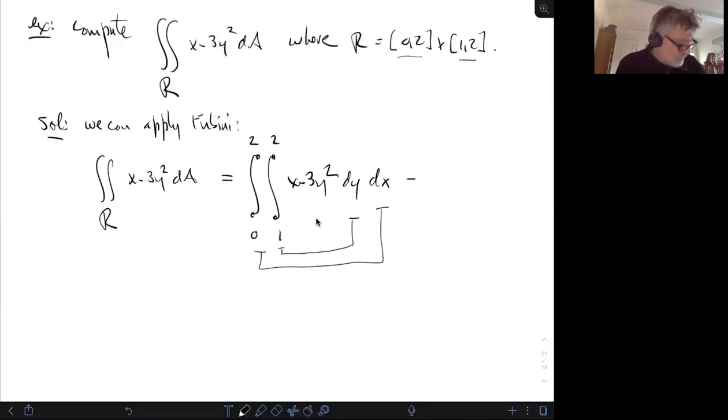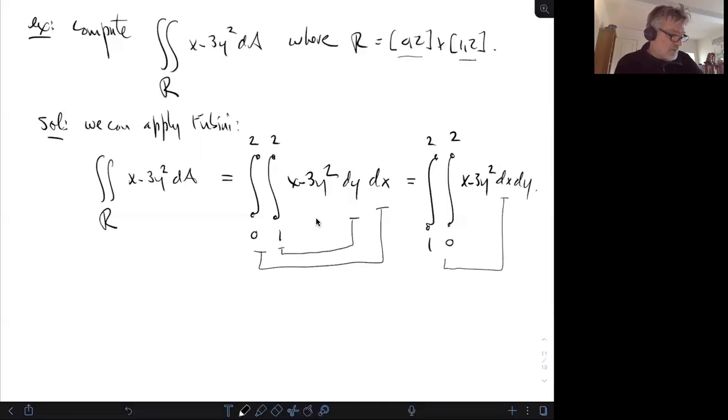Or I could write it this way: 1 to 2, 0 to 2, (x minus 3y squared) dx dy. So the x are here, the y are here. This is important.